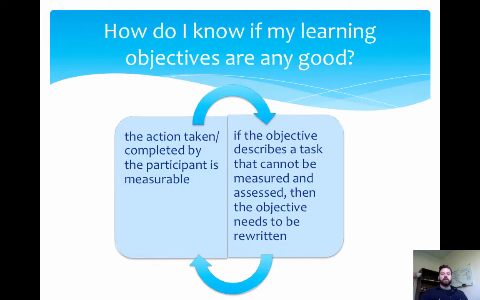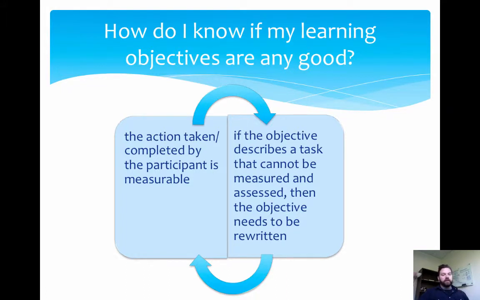So how do I know if my learning objectives are any good? The most important thing to consider is whether the actions taken by the participant are something that can be measured in an objective assessment. If not, it needs to be rewritten. And by measurable, we mean testable in an objective environment.